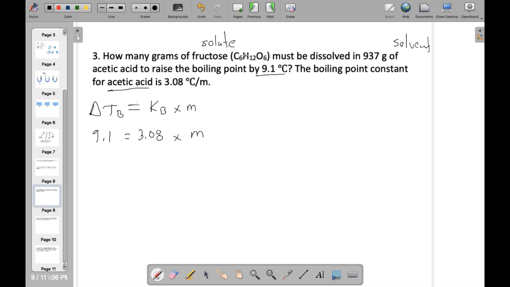This problem is similar to the one we did a couple of problems ago. We're looking for how many grams of this stuff we have to dissolve in here. So yet again, if I can figure out how many moles of this stuff I have, I might be good. Let's take 937 grams and convert it to kilograms. Or I could just divide this by 1,000. So it's going to be 0.937 kilograms. We don't know how many moles we have, so that's our unknown, that's our x.